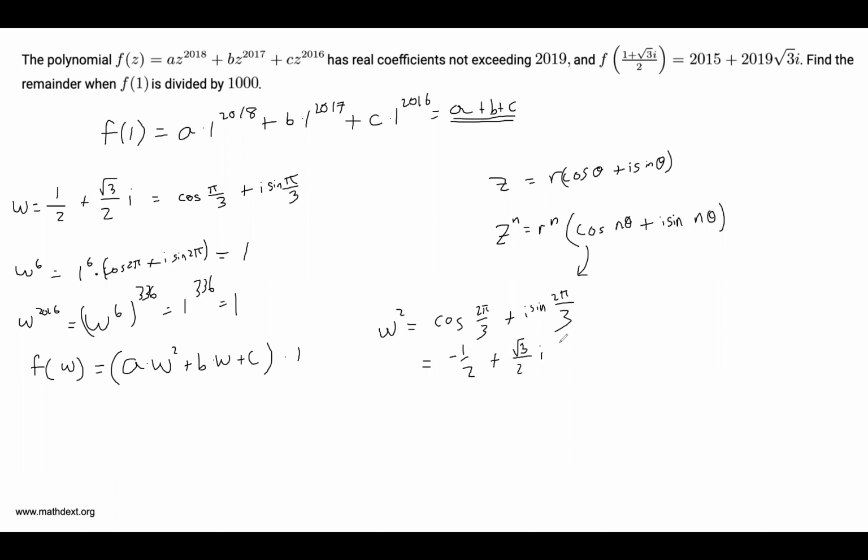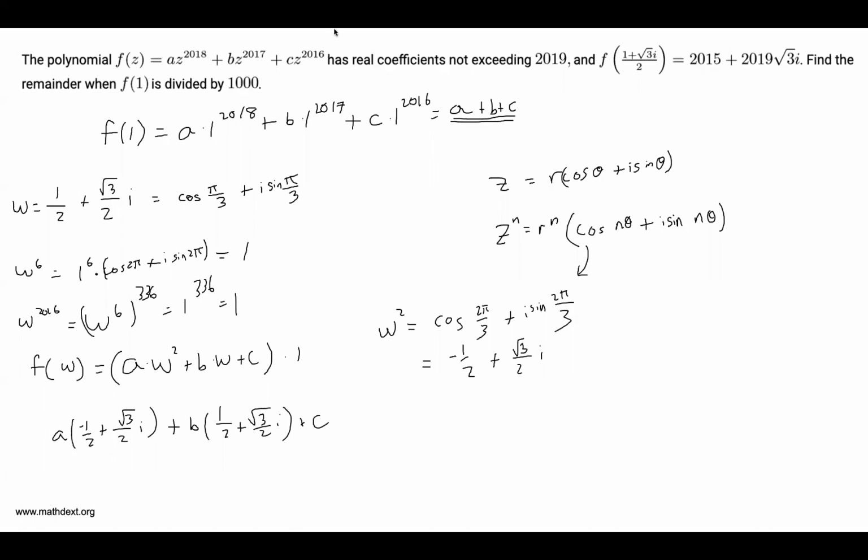So omega squared is negative 1/2 plus square root of 3 over 2 i. So a omega squared plus b omega plus c is going to be a times negative 1 over 2 plus square root of 3 over 2 i plus b times 1/2 plus square root of 3 over 2 i plus c.